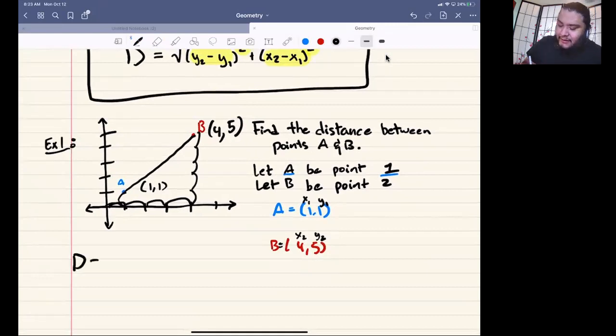And remember, the formula says it is the square root of y2 minus y1 squared plus x2 minus x1 squared.